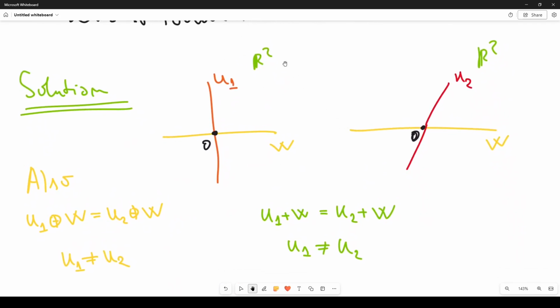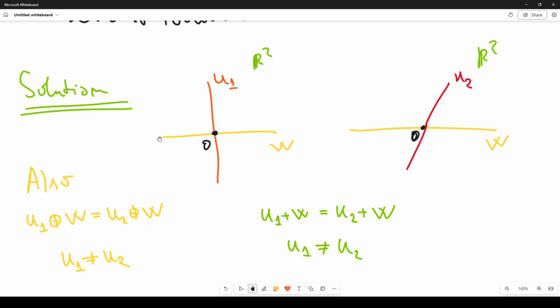So here we are in the plane, R squared, and I will let W be just the x-axis, and I shall let U1 be equal to this subspace, just the regular old y-axis. And I will let U2 be any sort of tilted y-axis, so these two subspaces are not the same.